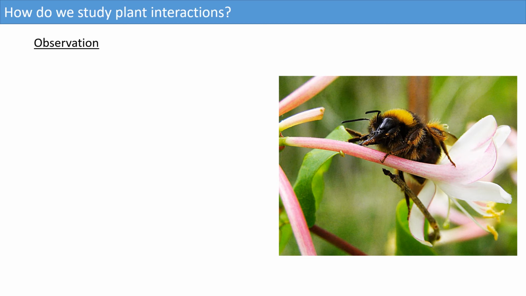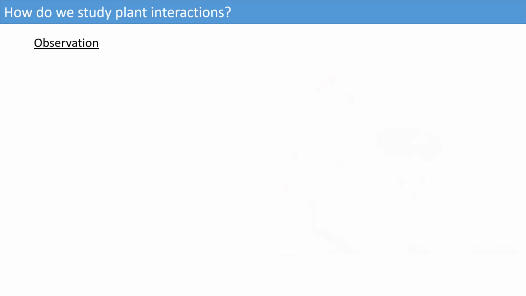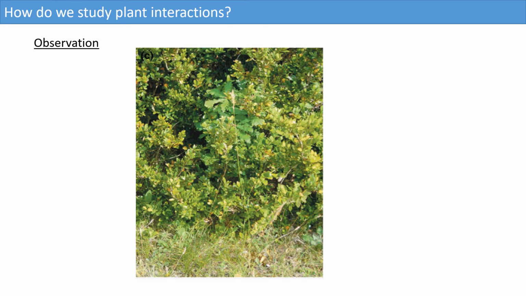As you can see, there is no contact of the pollinator's body with the anthers of the plant, so there is absolutely no pollination going on here. We have all the benefits that go to the insect, and all the hard work that is given from the plant is for nothing. So observation can maybe tell us if there is an interaction or not, but we don't necessarily know what type of interaction it is and how it affects the two parties involved.